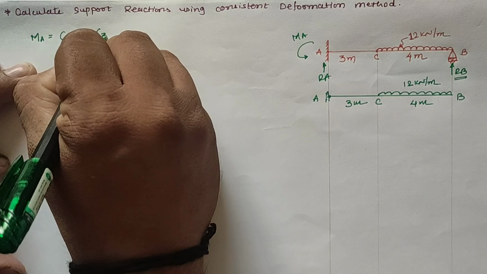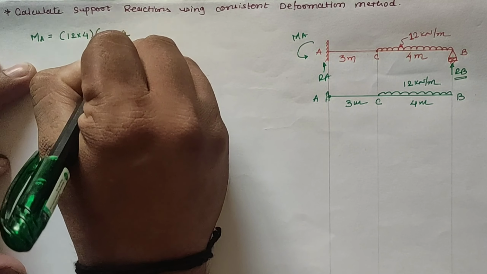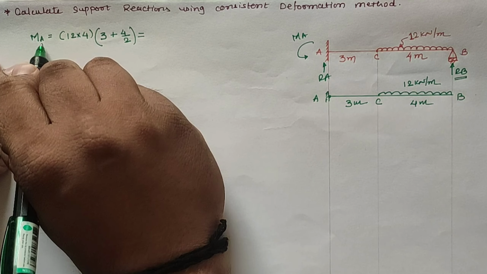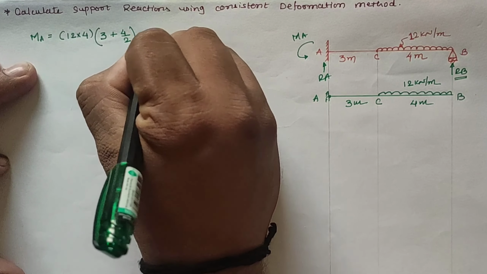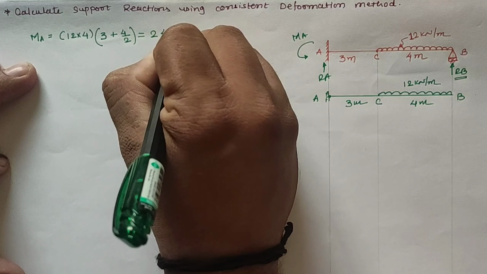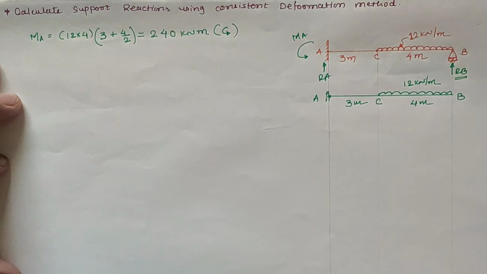So the distance of CG from location A is 3 plus 4 by 2, and the total value of the moment at location A is 240 kilonewton meter in the anticlockwise direction.